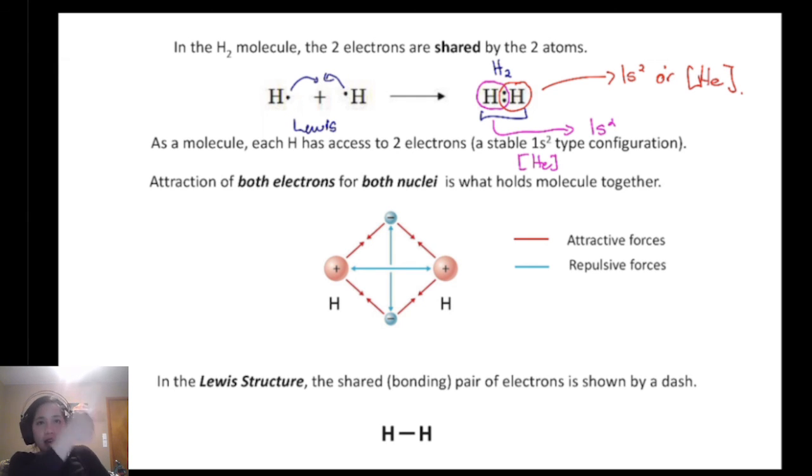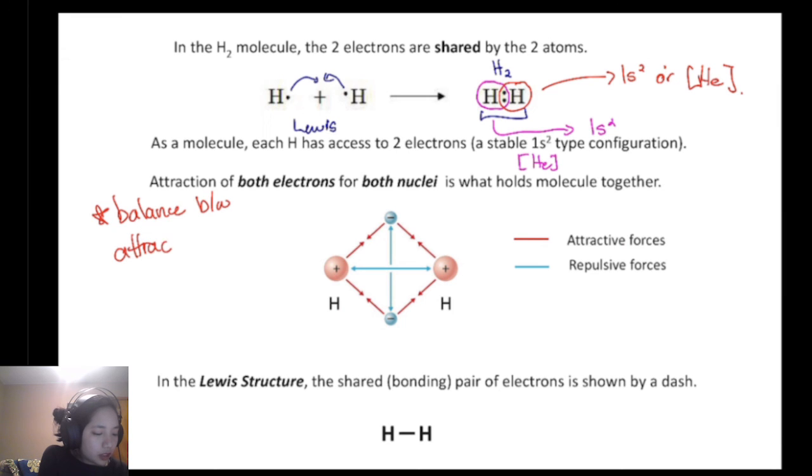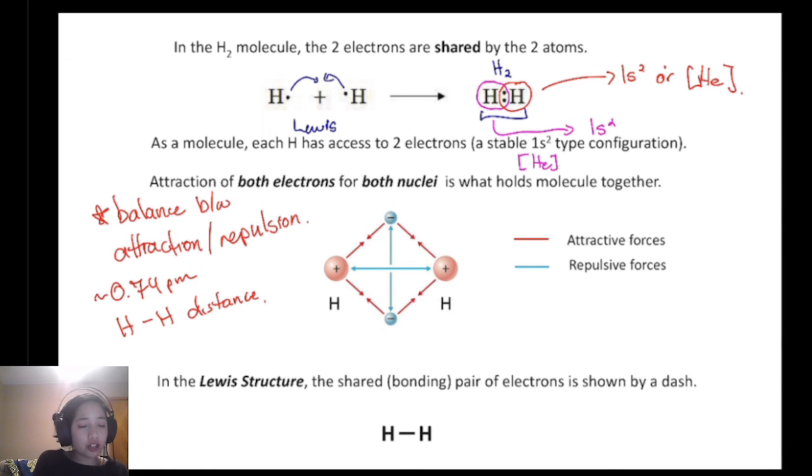So in that previous slide with the graph, I talked about attraction of the electrons and the stability that we get. So essentially, this graph just summarizes that we find a balance between attraction and repulsion. When we balance that, we get 0.74 picometers as the hydrogen distance where that balance occurs between attraction and repulsion.